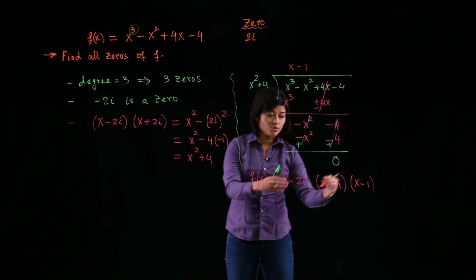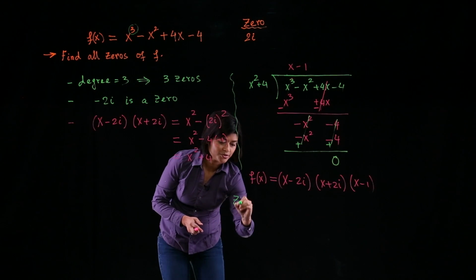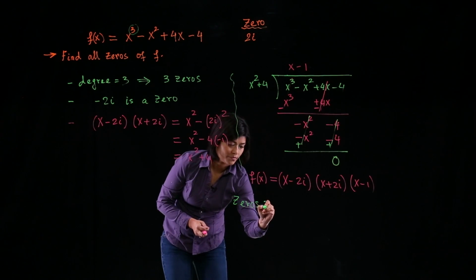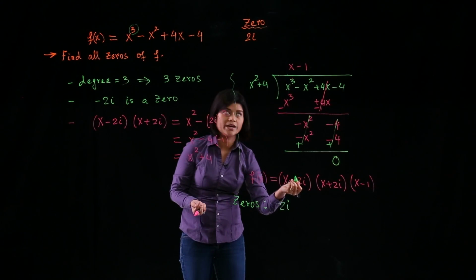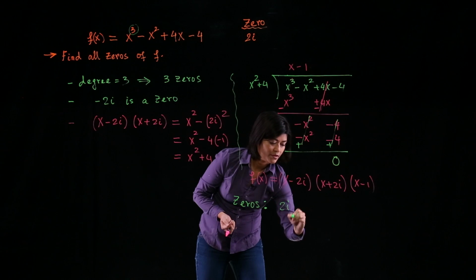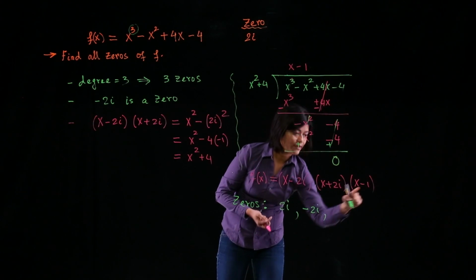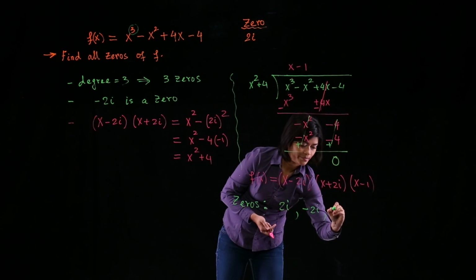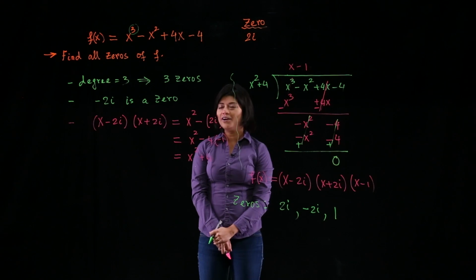So each factor will give us a zero of this function. Therefore, what are the zeros? From the first factor, it's 2i. We already know that. It was given to us. Next one is its conjugate, negative 2i. And the last one, it's 1. So those are the 3 zeros of this function.